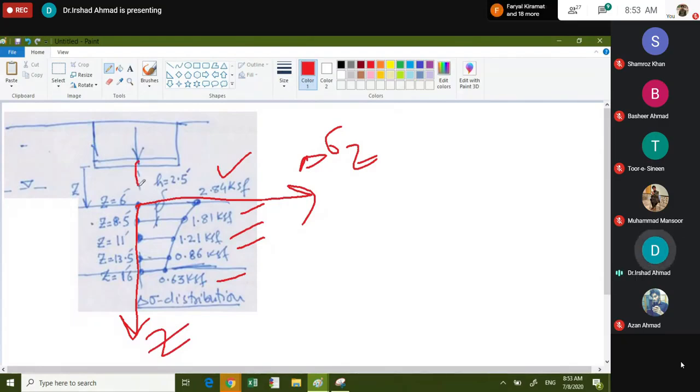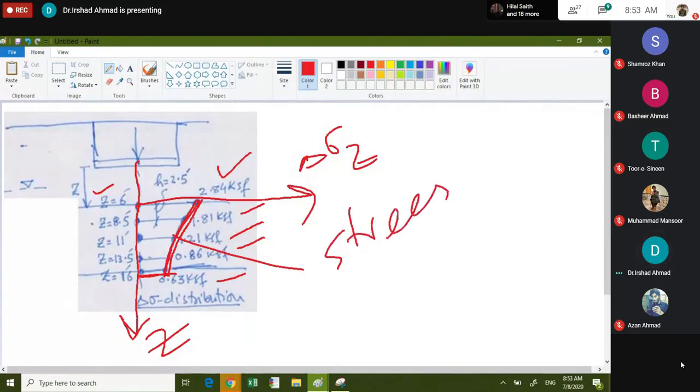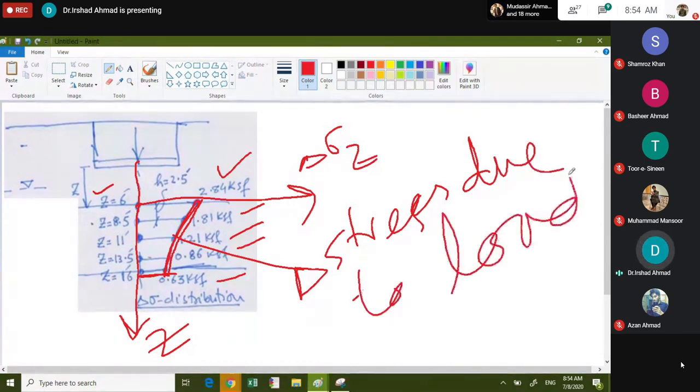Here, Z starts from here, right? So at Z of 6 feet, you have this stress. You see the stress distribution decreases. As you go down, the stresses decrease. These are stresses due to load, rather change in stresses in the soil due to foundation load.